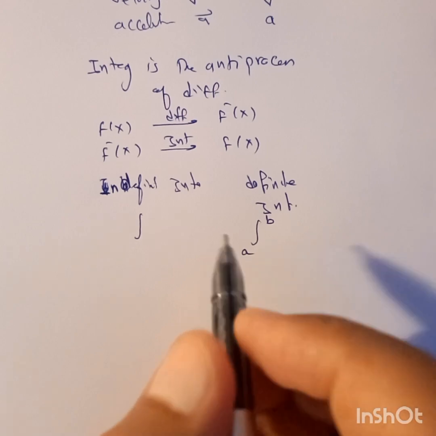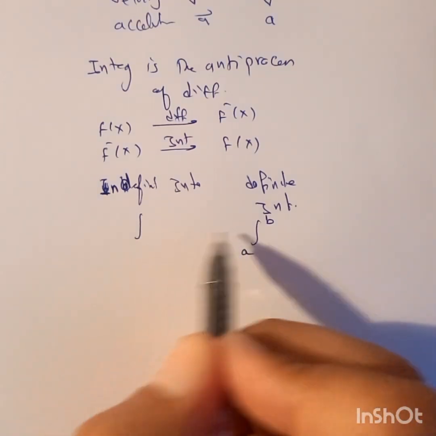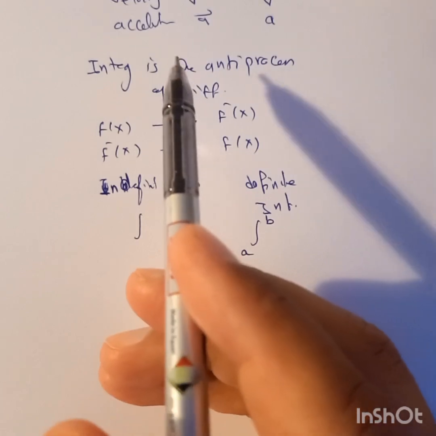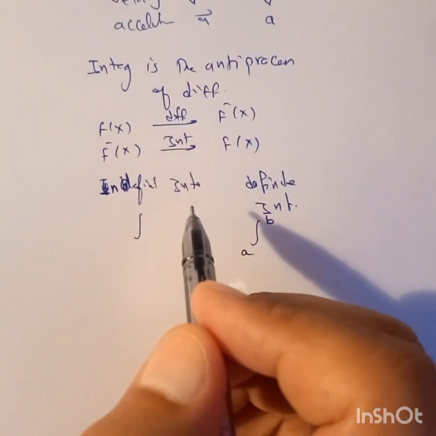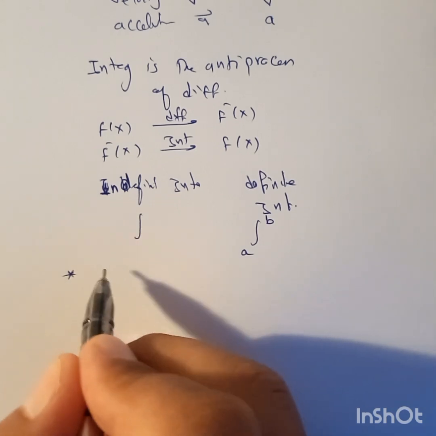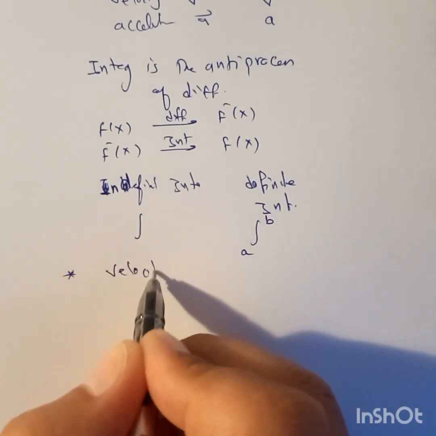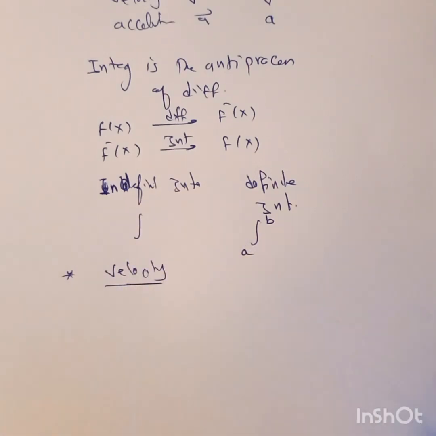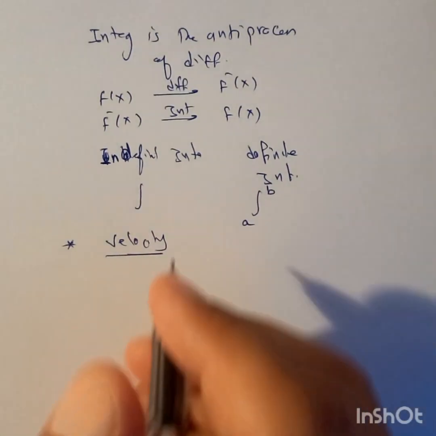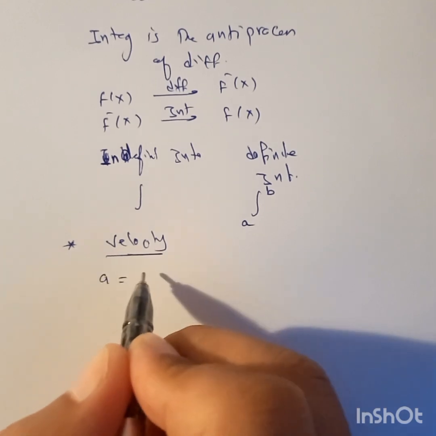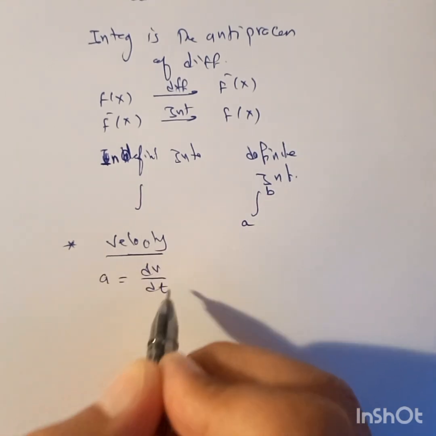Here we can use these two types of integration to find each one of these vector functions by using the other vector function. First we study how to find velocity, by using these two types of integration. As we said during the explanation of differentiation, acceleration equals dv/dt.